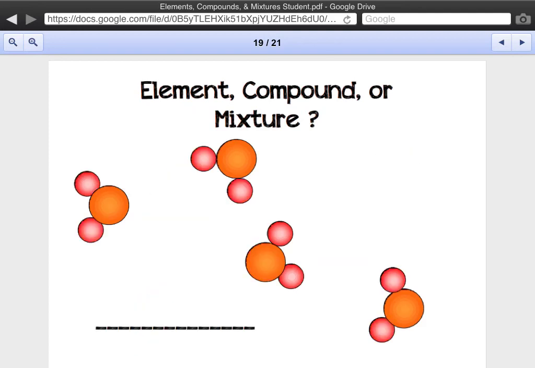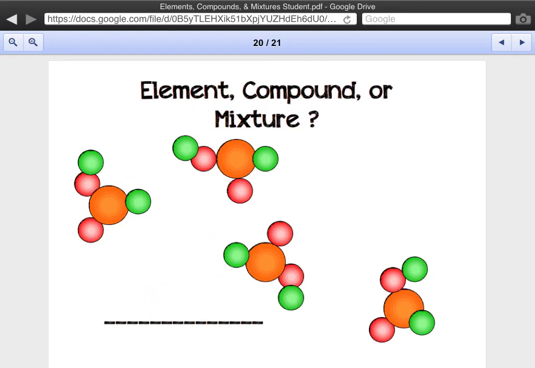Do you think this is an element, a compound, or a mixture? If you said compound, you are correct. You see that there are two different types of elements and they are chemically combined, and so that makes them a compound.